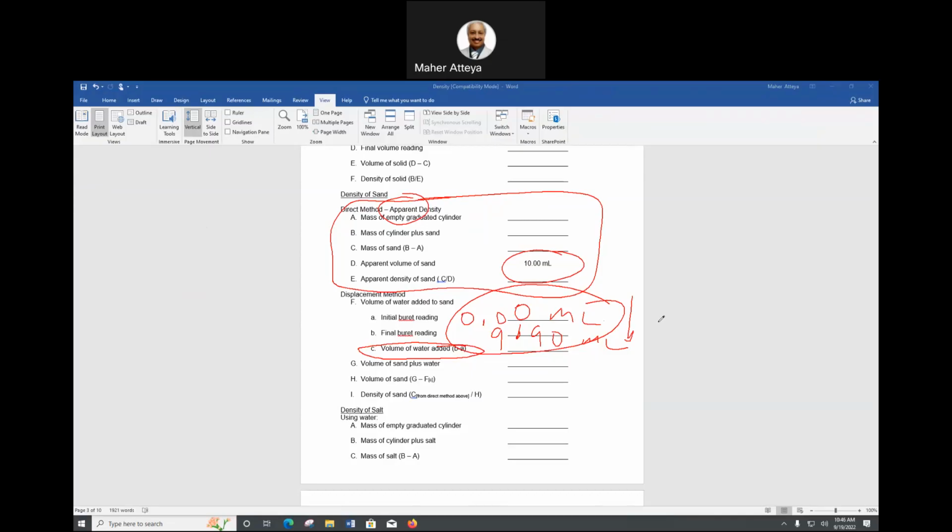You mix, and the sand will displace the H2O and get out all the air bubbles, and your reading will be a little higher, maybe 10.5 or 11, a few milliliters more, because the sand is displacing H2O. The final reading minus the burette reading will give you the volume of the sand, and the mass you have.